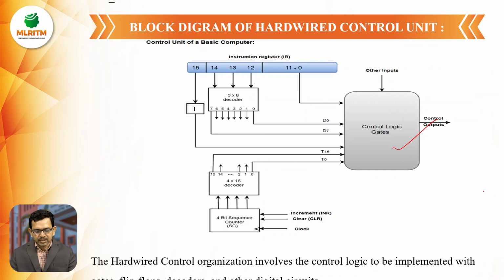If you see here, instruction register bits 0 to 11 are going to give the data as an input, where the input is processed in the control logic gate. Next, when we go with the instruction register, we specifically said the 3 bits are occupied by the opcode. The opcode is also one type of input, where it tells which operation is going to be performed on the given instructions.